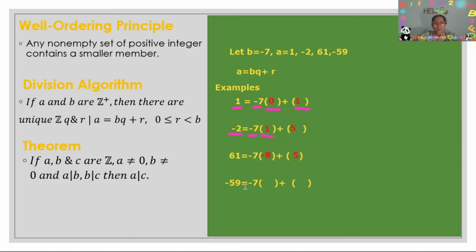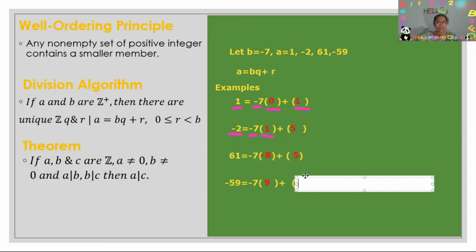and for the last one, we have -59 equals -7. So the quotient would be 9. And if the quotient is 9, what would be our remainder?